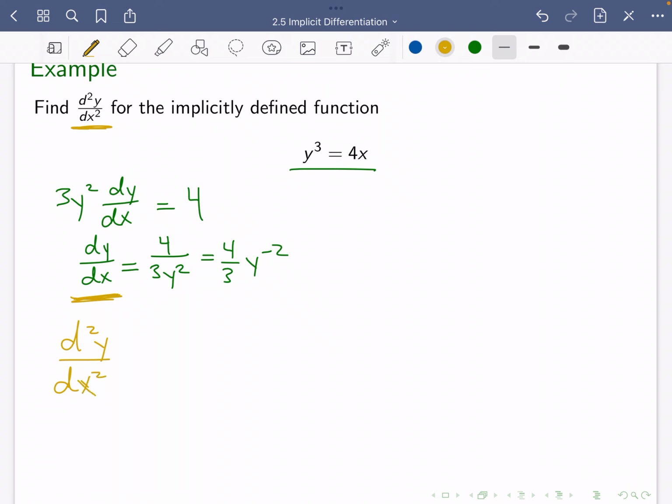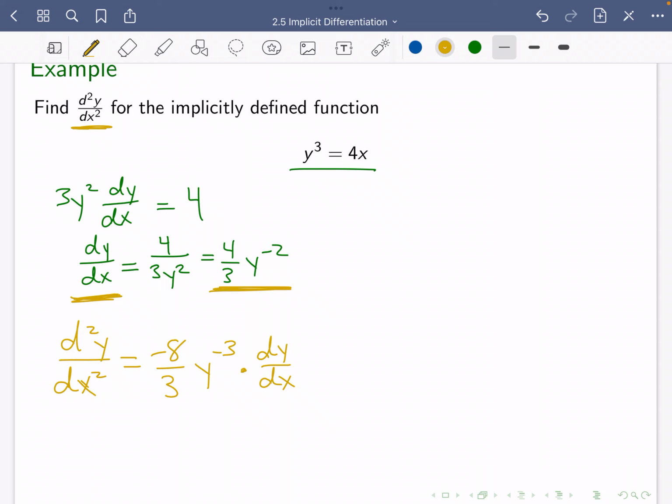Now we're going to take the derivative of the right-hand side. Here a chain rule happens, so we'll bring the negative 2 down. So we have negative 8/3 y, subtract 1 from the power. Then we need to multiply by the derivative of the inside. The inside is dy/dx.